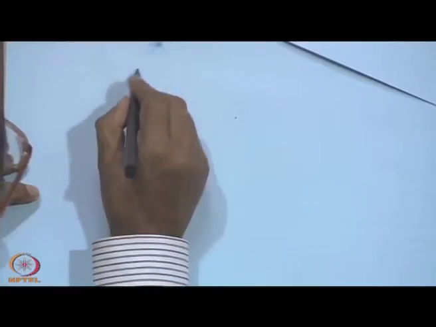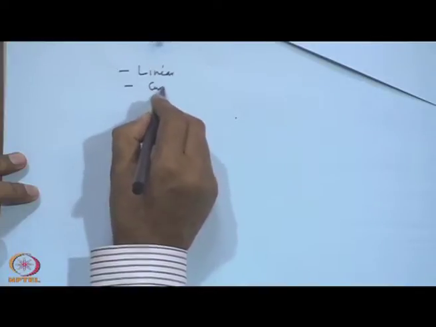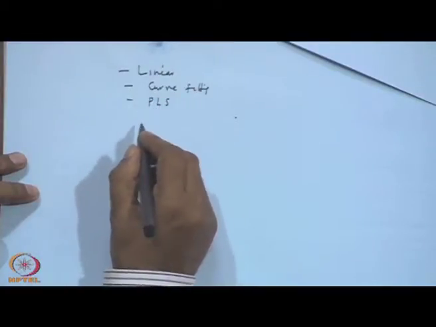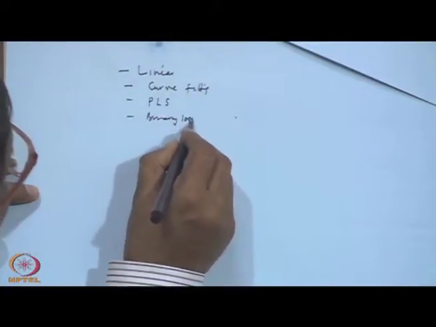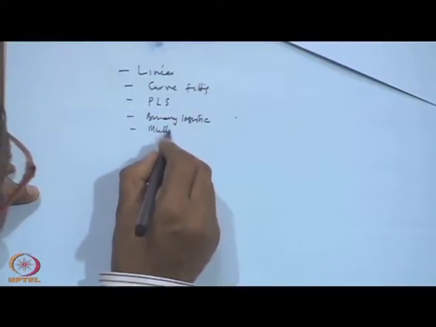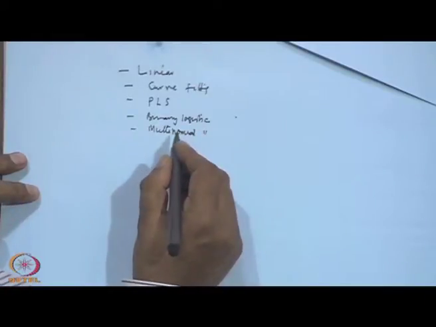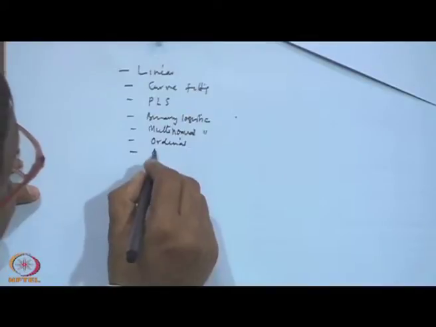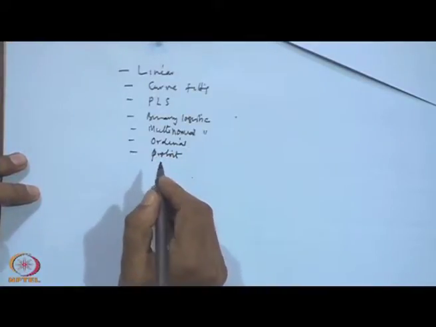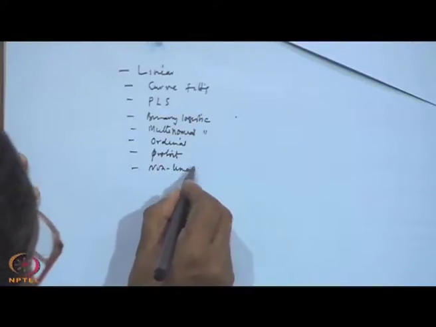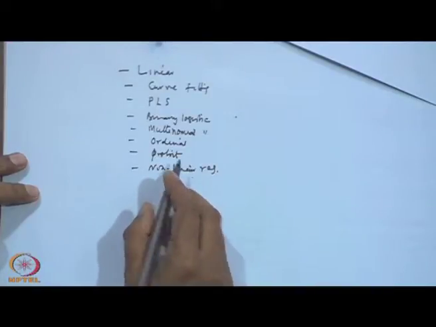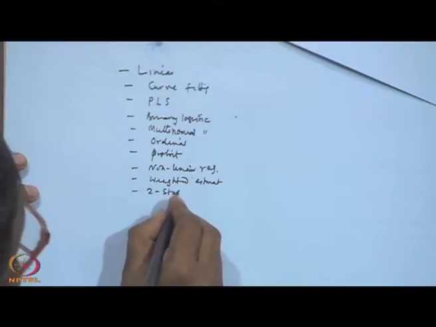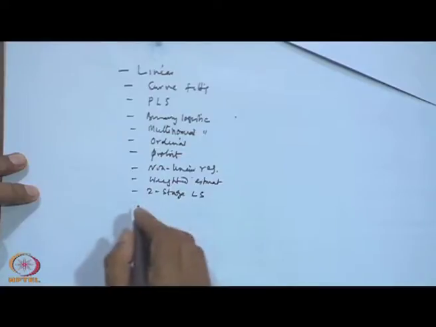You see, there is linear regression, then curve estimation or curve fitting, then partial least squares, PLS, binary logistic, multinomial logistic, and you can go for ordinal regression, that is ordinal logistic, then Probit model, then nonlinear, weighted estimation, two-stage least squares, and finally optimal scaling.